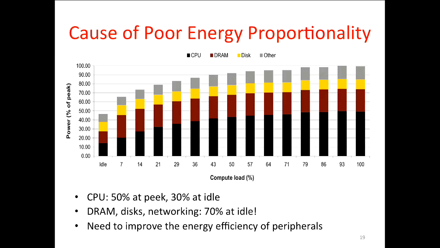However, if you see the peripherals like DRAM, disk, and other things, which includes network switches, you can see that it doesn't decrease a lot as the server becomes idle, right? So this is what you have to improve to get energy proportional computing.